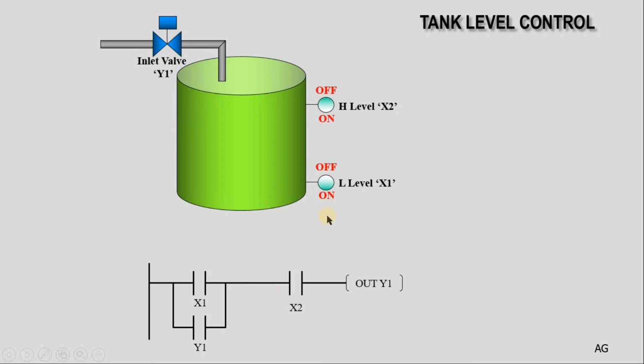The only thing is that if your level switch is off at this location and on above it, you can change the contact here from normally open to normally closed, and this one as well. So you can see how easy it is to change the ladder logic if you change the level switch or add another contact for your level switch.